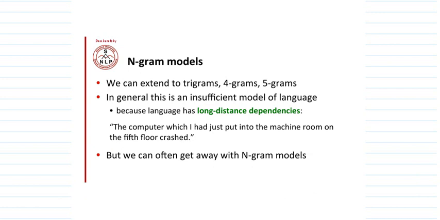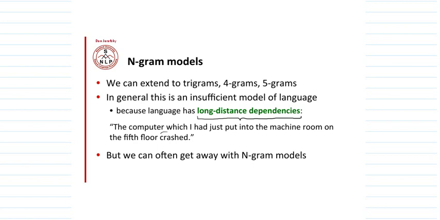But we see that this language model has the problem of not being able to resolve long distance dependencies. What is long distance dependency? In this sentence we can have an example. The computer which I had just put into the machine room on the 5th floor crashed. So what crashed? The floor did not crash. The computer crashed.